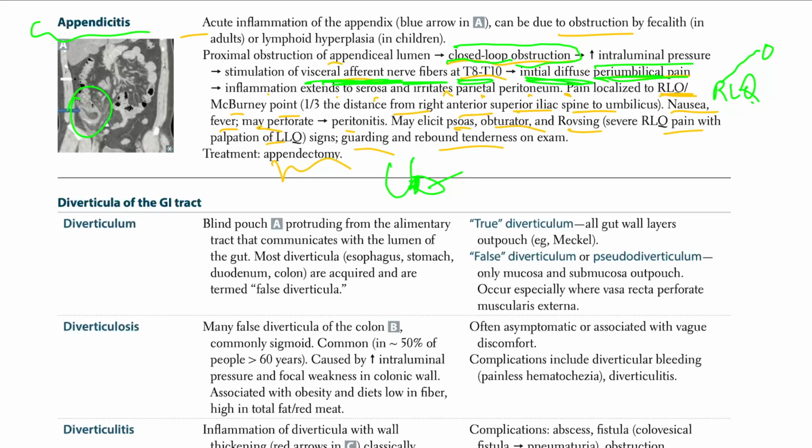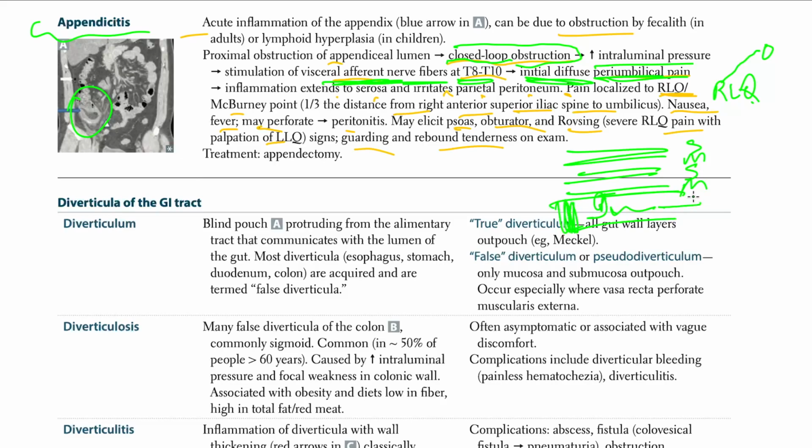But when the inflammation hits the serosa, remember the layers: mucosa, submucosa, muscularis externa, and serosa. So when that inflammation was just here, blocking the tube, you increased the intraluminal pressure, you stimulated your visceral nerves, which gave you a diffuse pain at the periumbilicus.